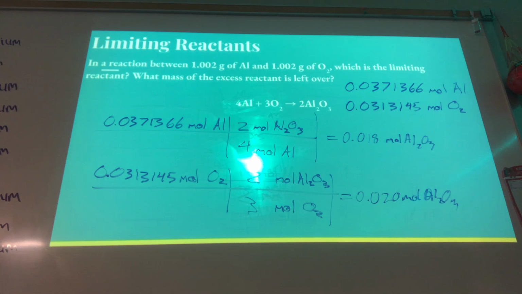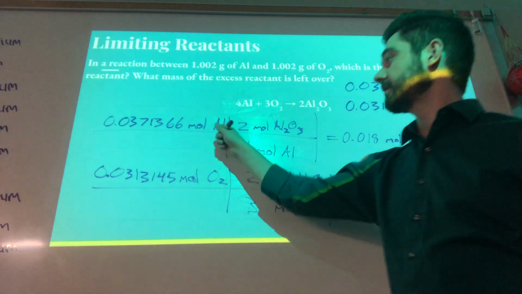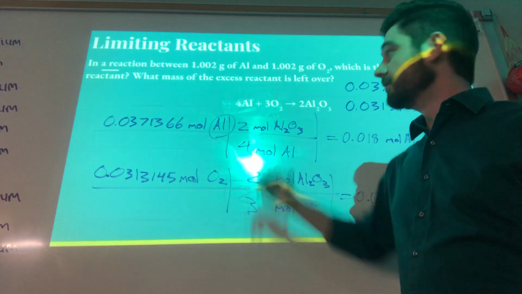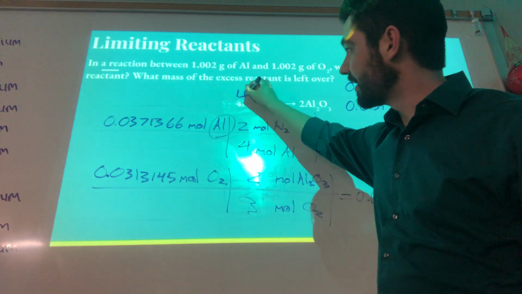Wait, then it should be 0.0189. But which one's less? The first one. All we care about is figuring out which one's less, so why use the sig fig? So what's my limiting reactant? Aluminum. Aluminum is the one that runs out first, so that is the limiting reactant.